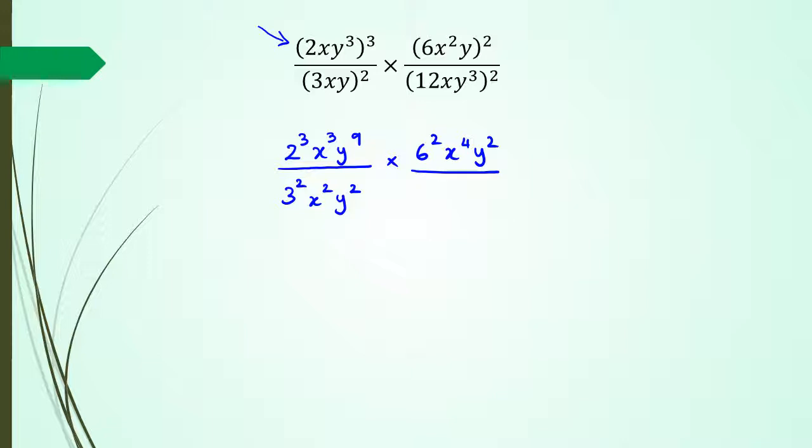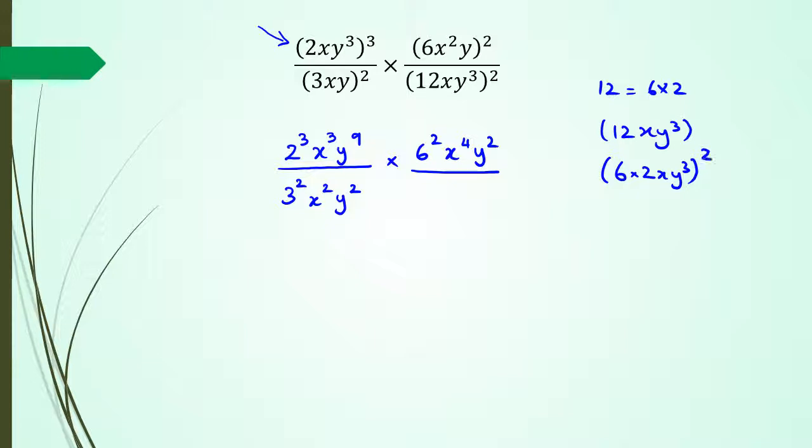And as for the second one, this is where I want you guys to see the trick. You've got 12 there. Now, I don't really want to write 12 squared, but what I do know is 12 can be written as 6 times 2. So I'm going to rewrite 12xy cubed as 6 multiplied by 2xy cubed, all squared, because that's what's getting squared.